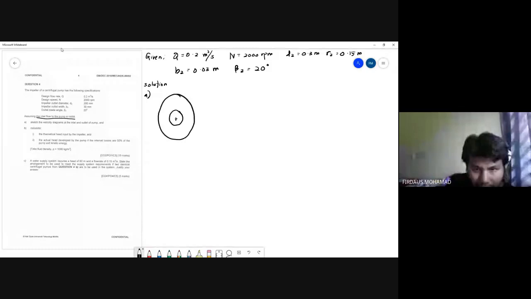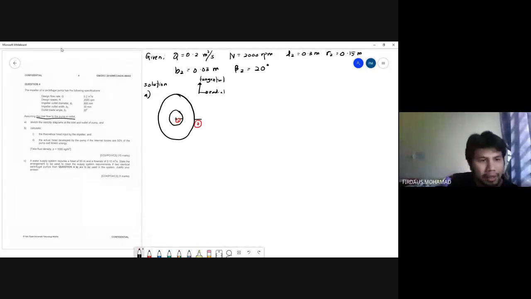To make it easy, this is radial, and this is tangential. This is point 1 for the inlet, and point 2 for the outlet.